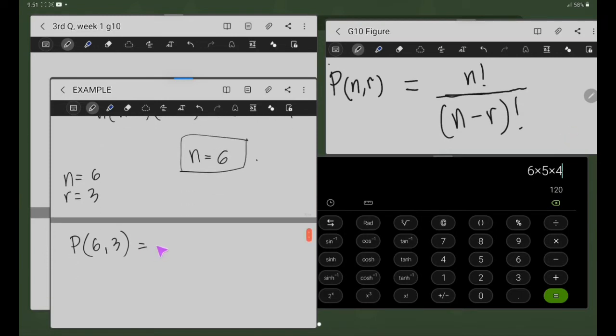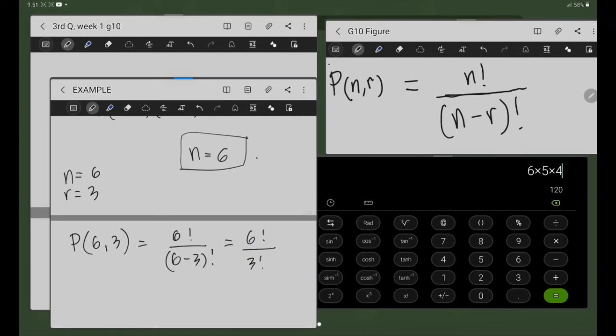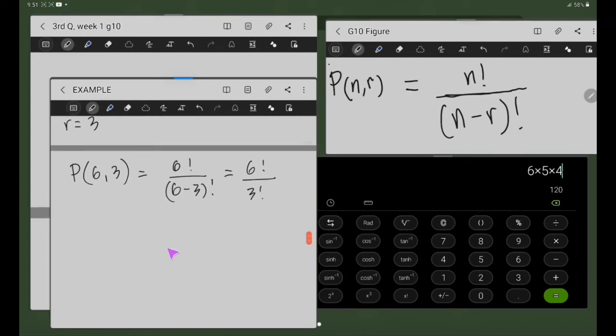So ngayon, meron tayong 6 factorial over 6 minus 3 factorial. So this is equal to 6 factorial over 3 factorial. So this is 6 times 5 times 4 times 3 factorial over 3 factorial.